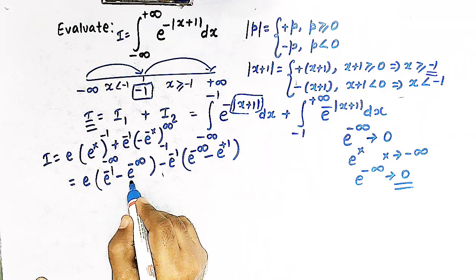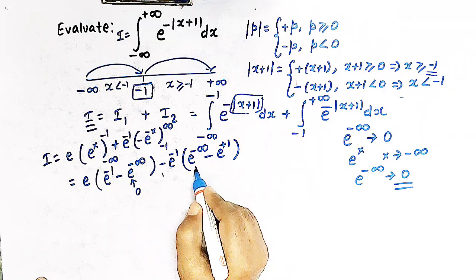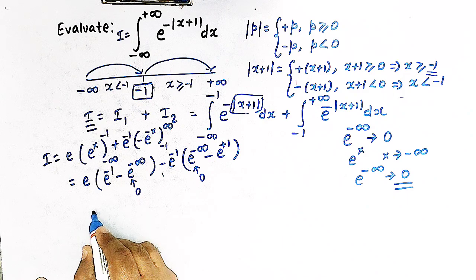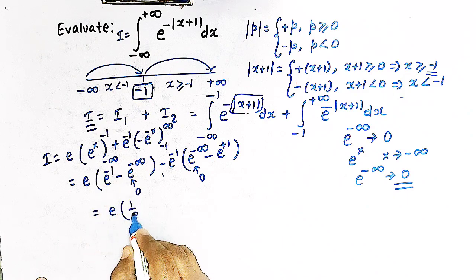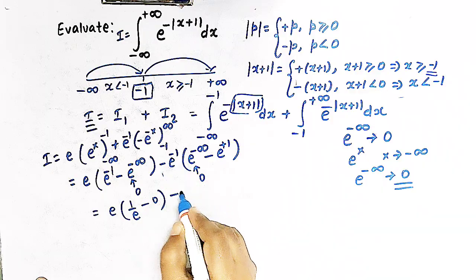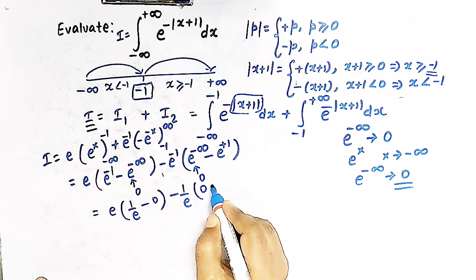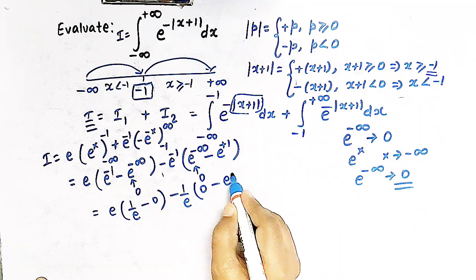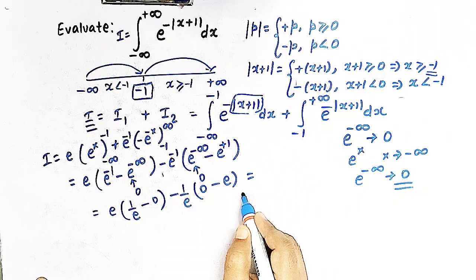So here we can replace this term by 0 and this term by 0. So we have e, and here we have 1 over e, and here we have 0, then here we have 1 over e, and here we have 0, and here we have simply e, right? Where e is the exponential number.